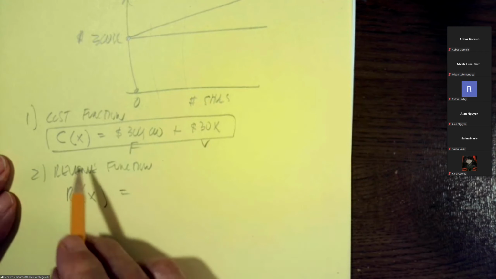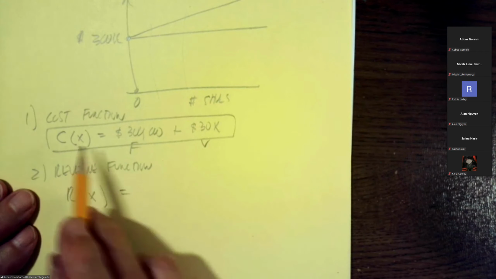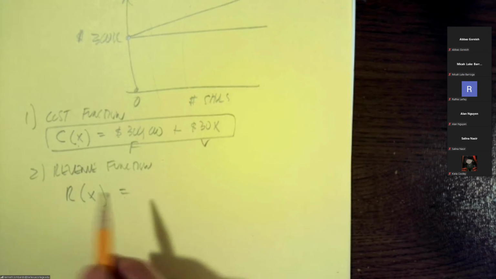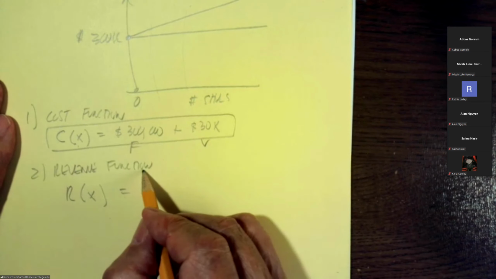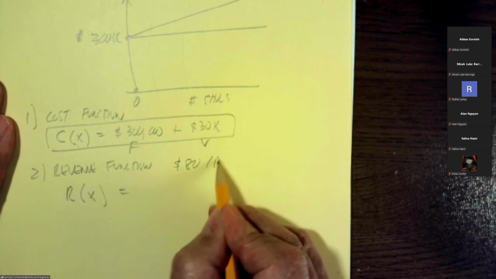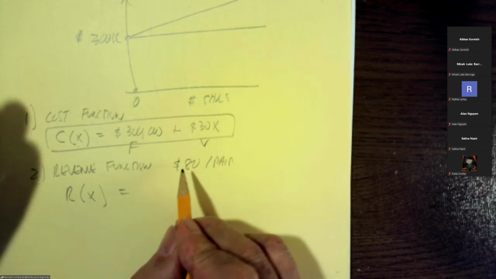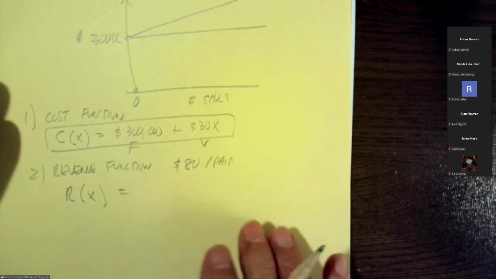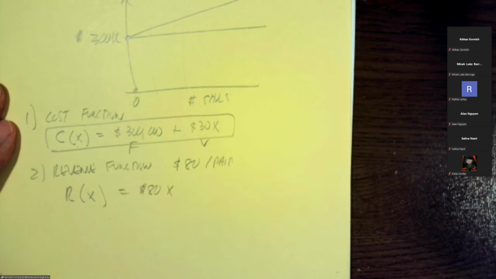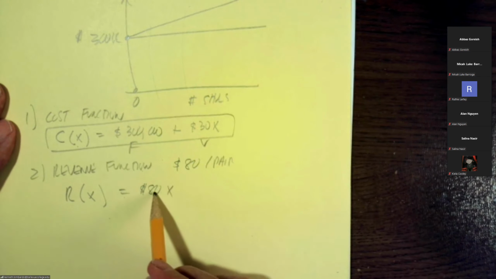And the number of shoes sold, well, that's X. And the revenue says, how much are these shoes selling for? Let's say the shoes sell for $80 for a pair. Then the revenue function is just going to look like $80 times however many pair I sell. If I sell 1, I'll make $80. If I sell 2, and so forth.